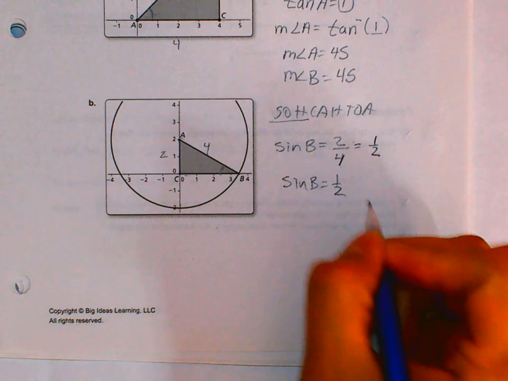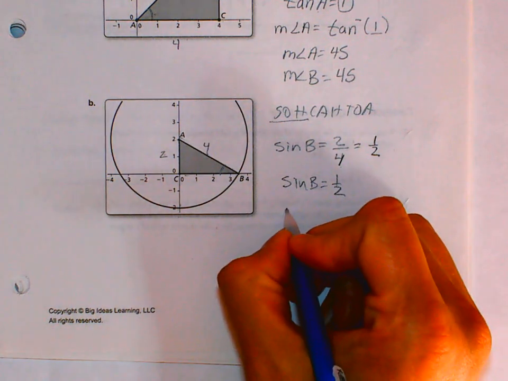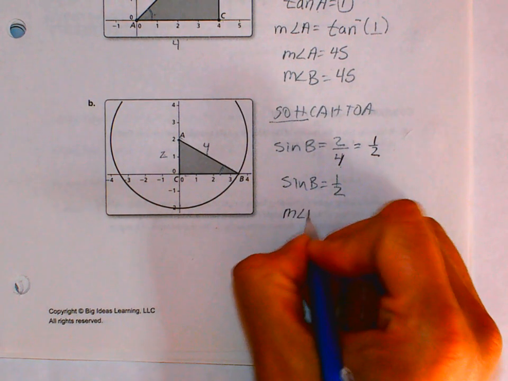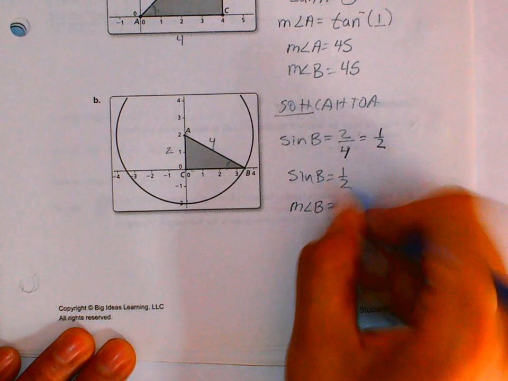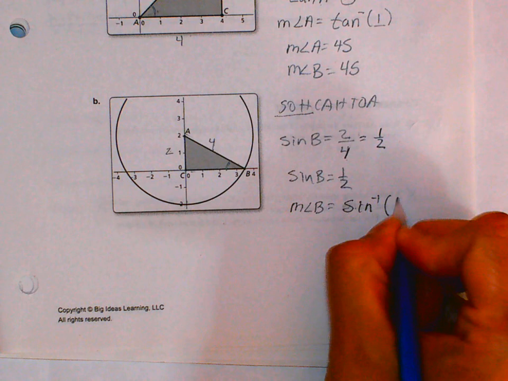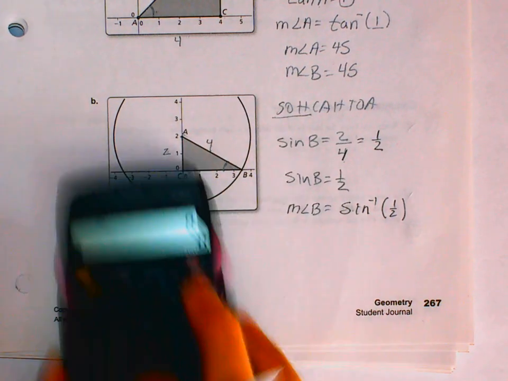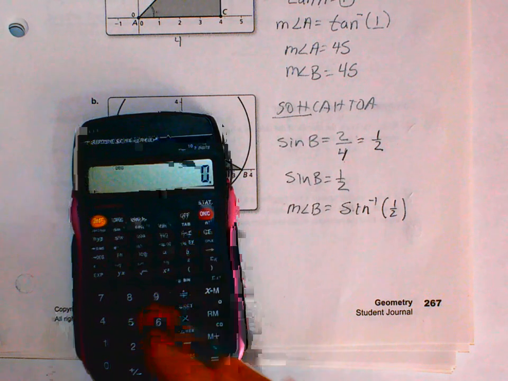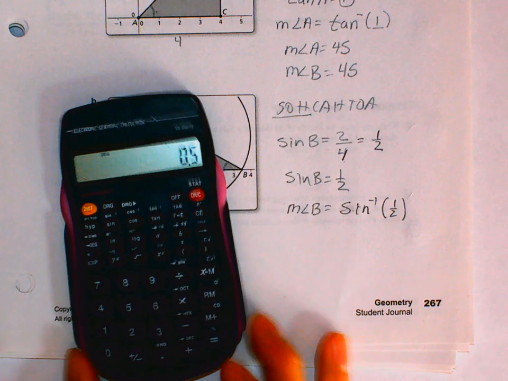So in order to get the angle, I have to do the inverse of that. So angle B is going to be the inverse sine of 1/2. Now, how do you put that into the calculator? It's really simple, actually. You put 1 over 2, enter. It'll save the answer for you.